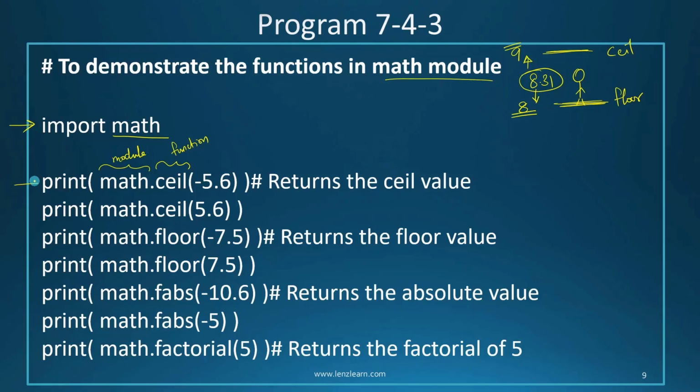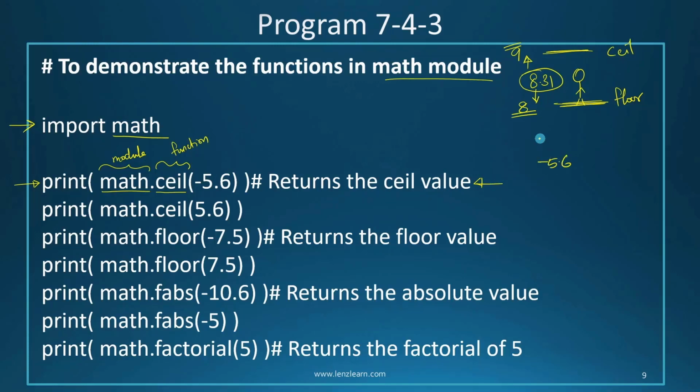Now once this print statement starts to work, the control will go to the module called math. Inside that module, the interpreter will identify the function with the name ceil. It will give the value minus 5.6 to it, and then it will return the ceiling value. Now what is the ceiling value of minus 5.6?